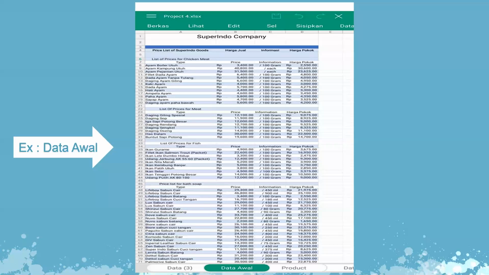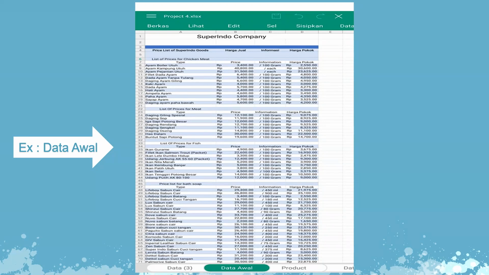Okay, slide 6. On the initial data sheet, there is a column price list of Superindo goods containing a list of prices for chicken meat type, meat type, fish type, bath soap type, and others.